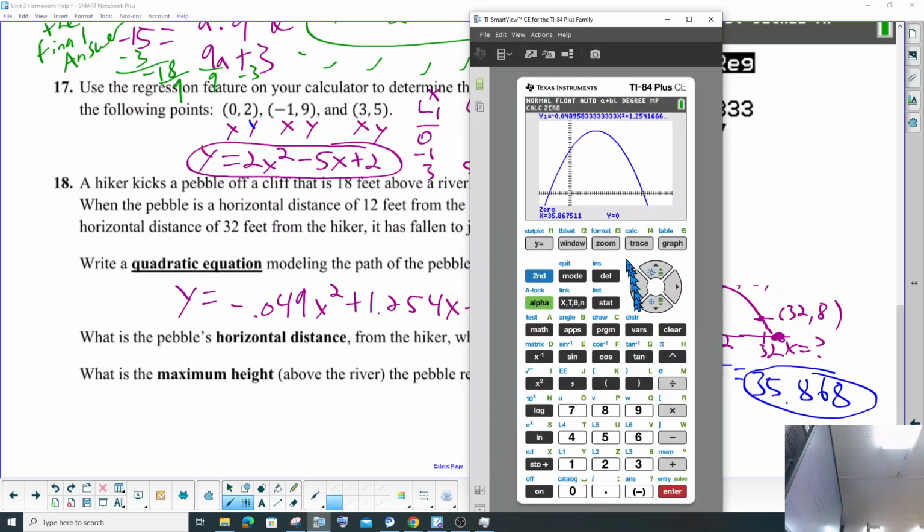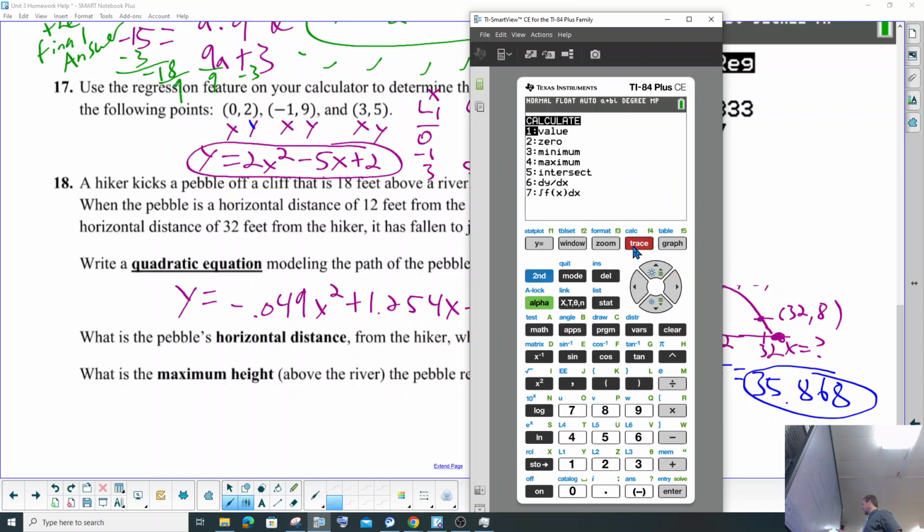So to find the maximum height, we're going to hit trace and go all the way up here to the top. Oh, too far. Okay, so that's pretty far up there, right? So do you know how to do the maximum feature now? So we go second calc, maximum option 4.